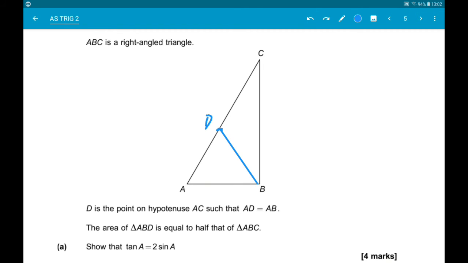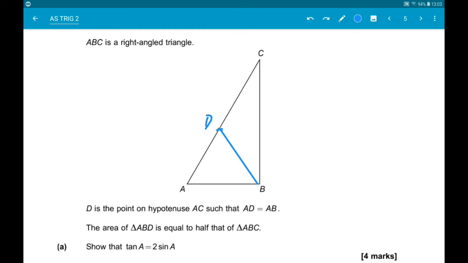So, like that. We're then told the area of triangle ABD is equal to half the area of triangle ABC. Our job is to show that tan A is equal to 2 sine A.